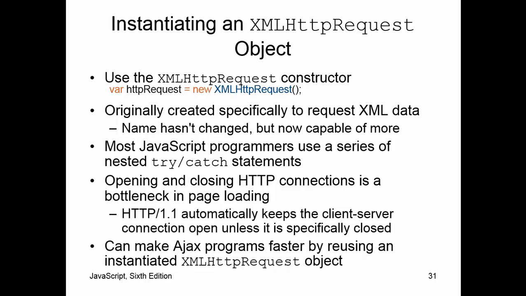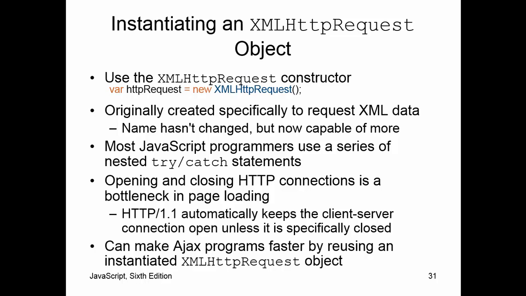This object was originally created by Microsoft specifically to allow a document to request XML data. Over time, things have been added to expand what it can and cannot do. As mentioned in the third bullet, most JavaScript programmers use a try-catch statement to try to instantiate the object, so if it doesn't work, you can give the user a message back.